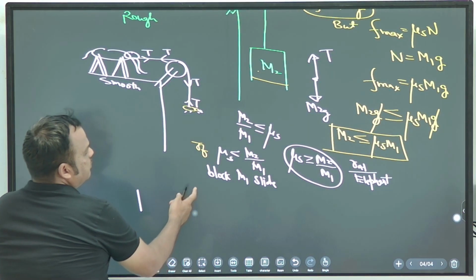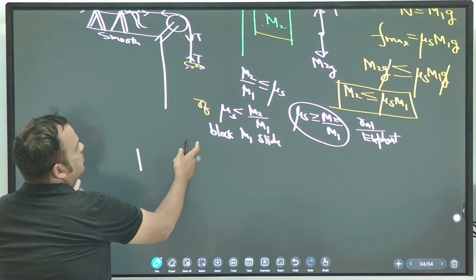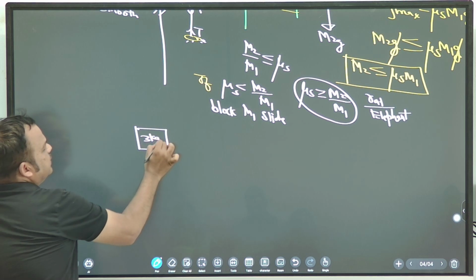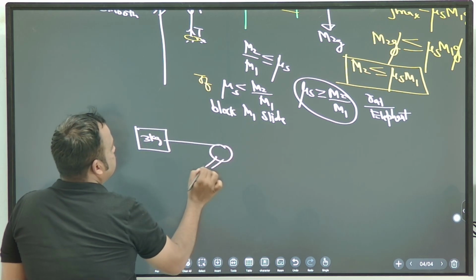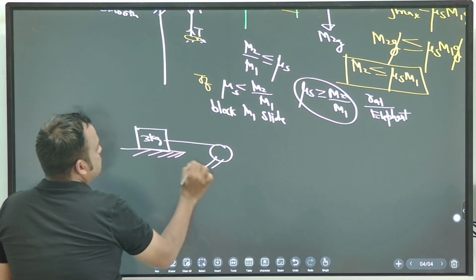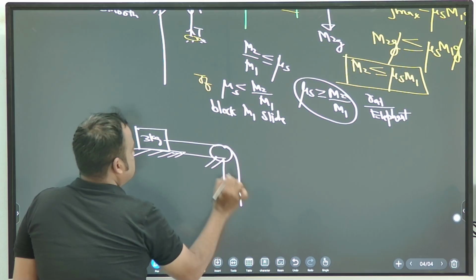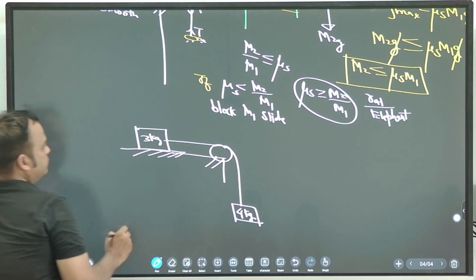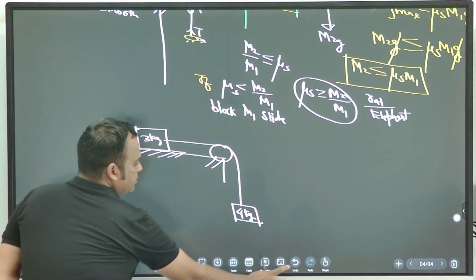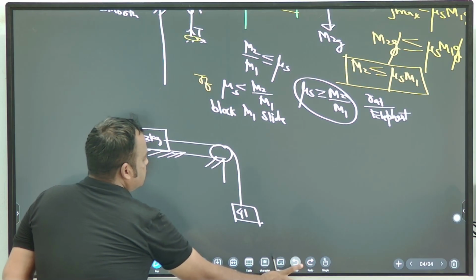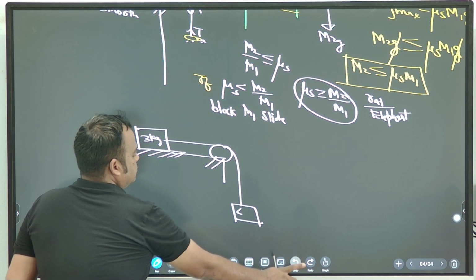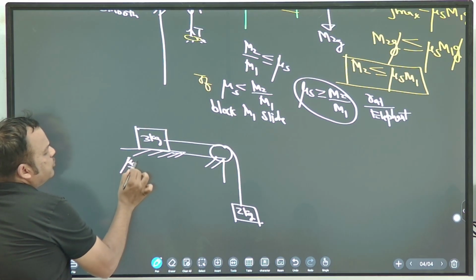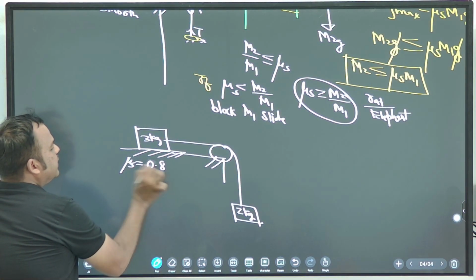So now I will give one question. You just tell me the block is at rest or not. Suppose this is 3 kg, and this is 2 kg, and mu s value is 0.8.